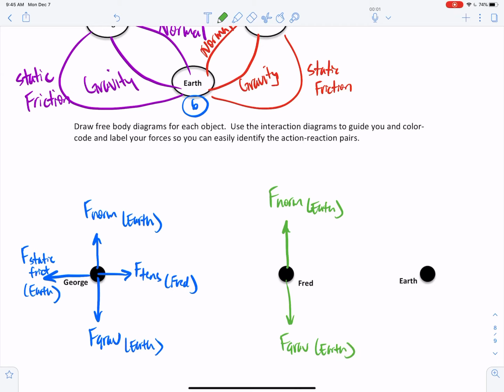Fred is now being pulled to the left by George through tension. And Fred's shoes are preventing him from sliding left. So there's that static friction. And what's the source of that? The Earth.